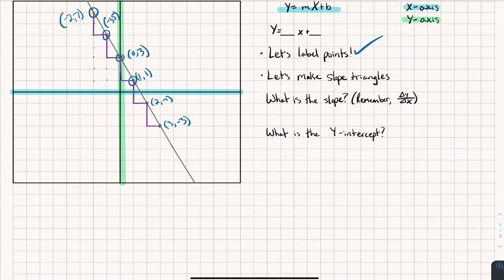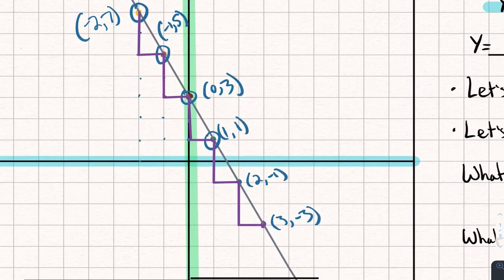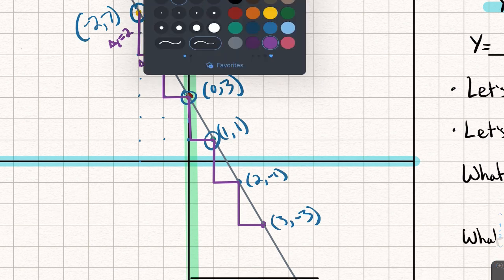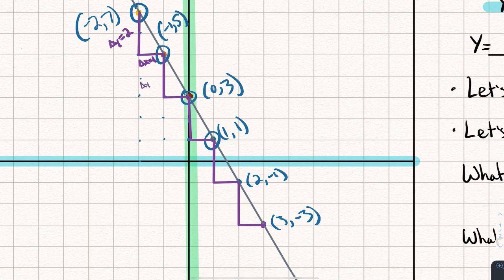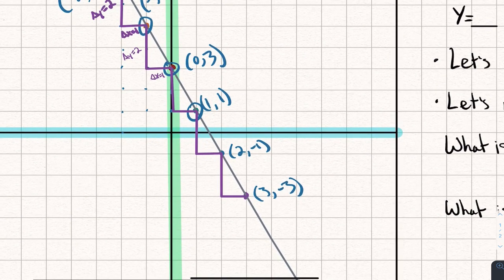So if we zoom in and we count, I see here I've got a change in y of 2 and a change in x of 1. Let's see if that holds true. I've also got a change in y of 2 and a change in x of 1. And that pattern continues the whole way through, doesn't it? It does right here.